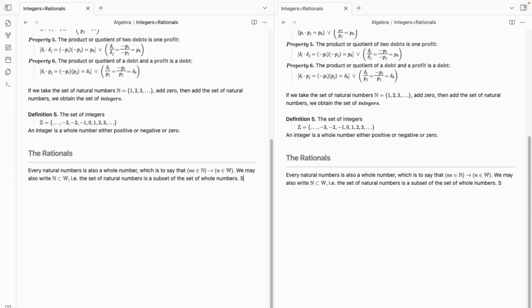All right. Similarly, we might say if a number w is an element of the set of whole numbers, then w is also an element of the set of integers.